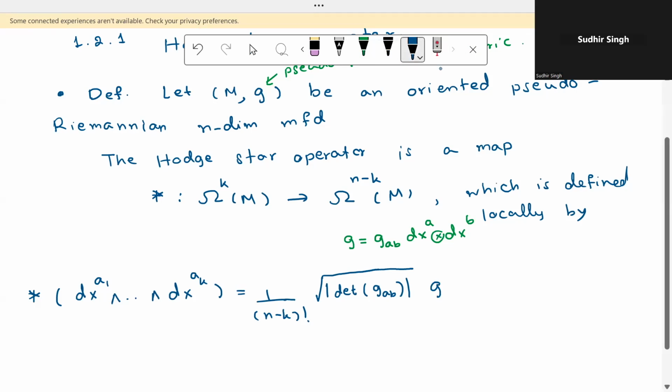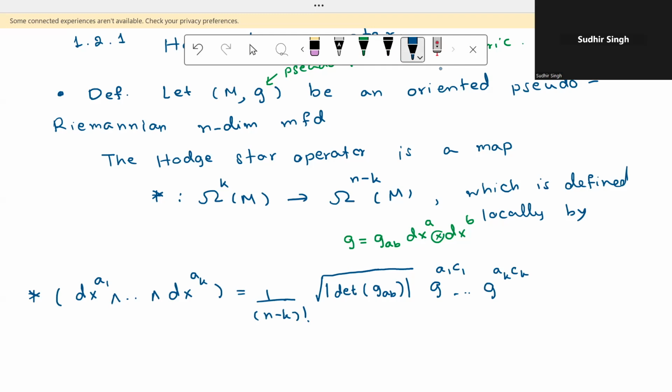And then these are components of the inverse metric of g. I'm sorry, I don't think I have enough space.